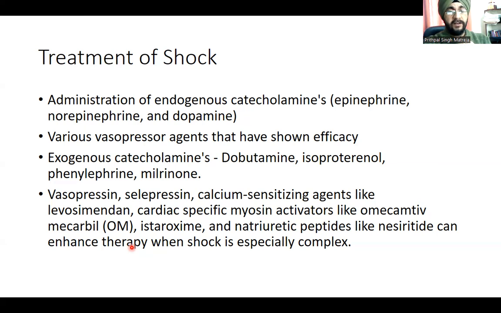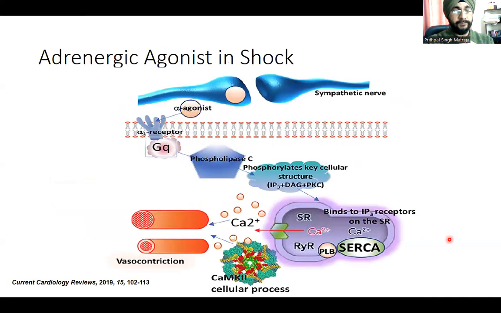Apart from these, there are other vasoconstrictors that are used, such as vasopressin, selepressin, calcium sensitizing agents like levosimendan, cardiac specific myosin activators like omecamtiv mecarbil, istaroxime, and natriuretic peptides like nesiritide, which have been used for shock, maybe as an adjuvant or maybe as a mainstay of therapy. We'll be talking about each of these compounds one by one as we come across them.